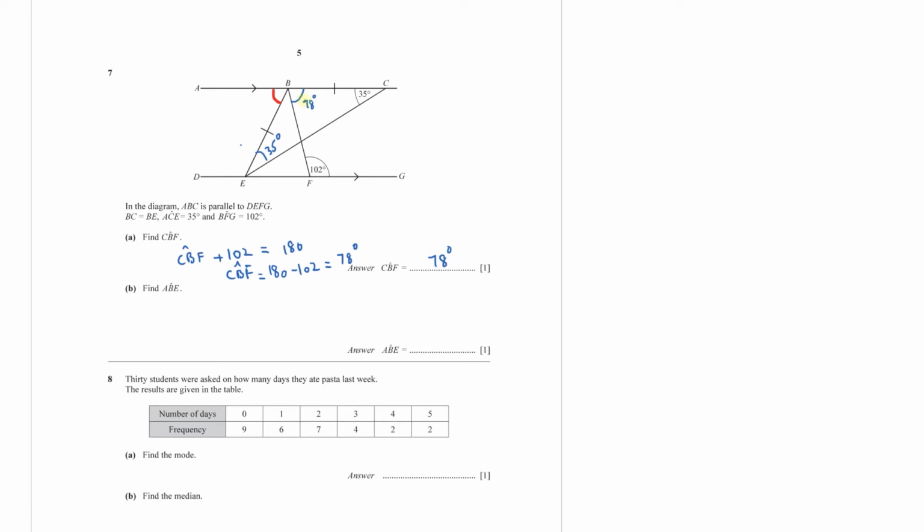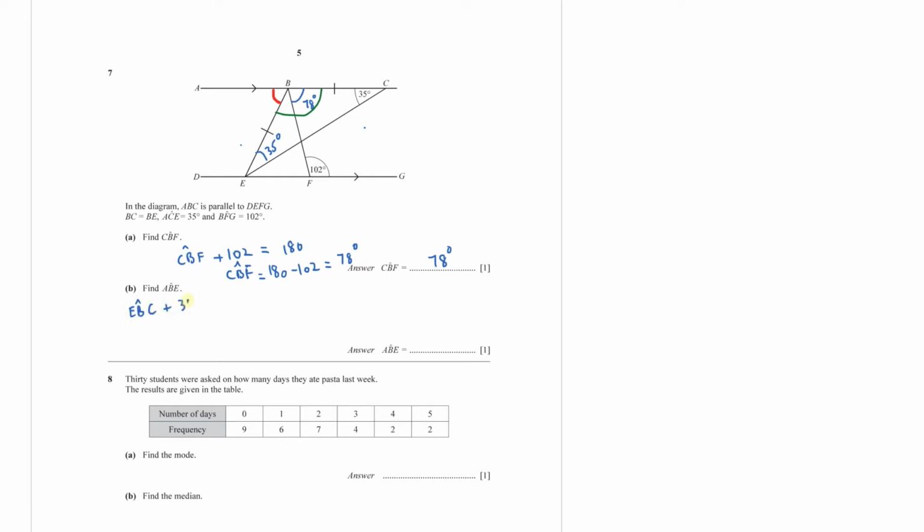So I can calculate this angle here, marked in green, using the property that the sum of the interior angles of a triangle is 180. So angle EBC plus 35 plus 35, which is 70, would be equal to 180.